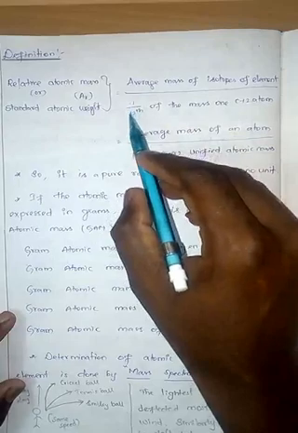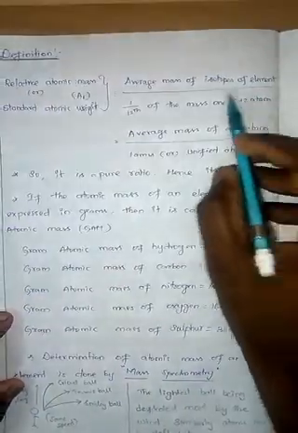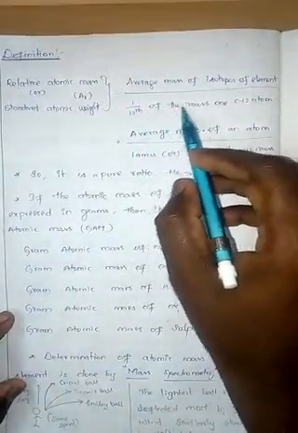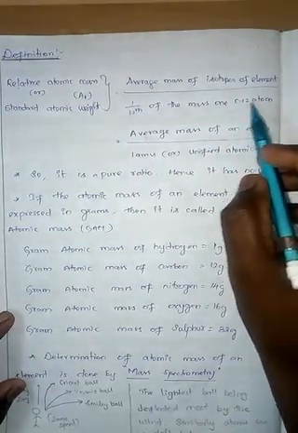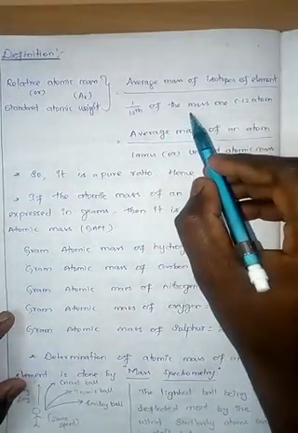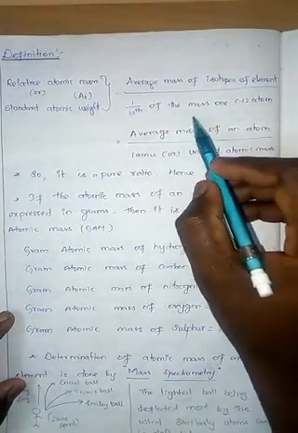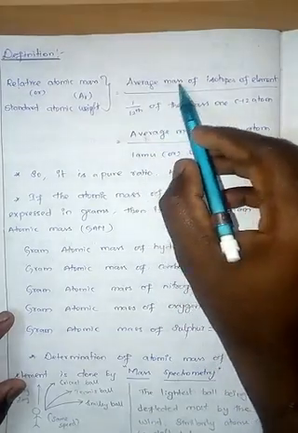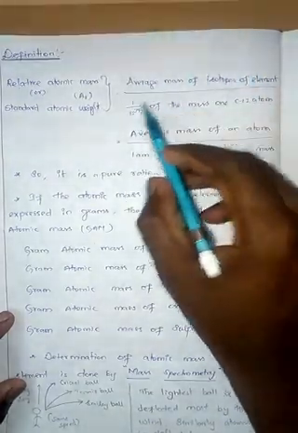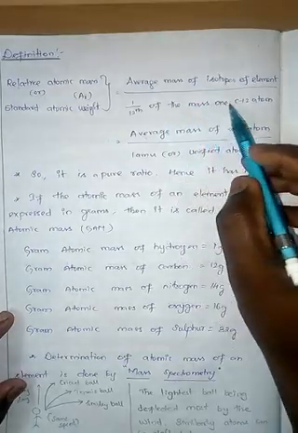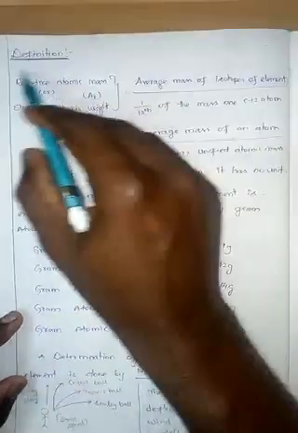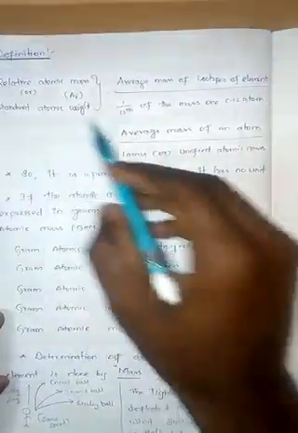We are comparing with carbon-12. 1 by 12th of the mass of one carbon-12 atom is otherwise called 1 atomic mass unit, or simply 1 U. So it is the average mass of the isotopes of an element divided by 1 by 12th of the mass of carbon-12. So this is a ratio, right?